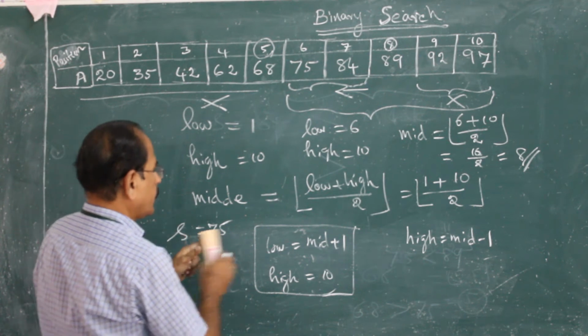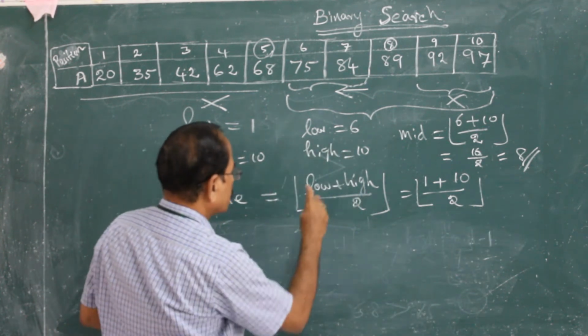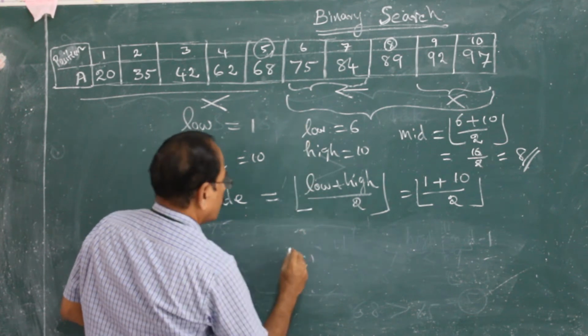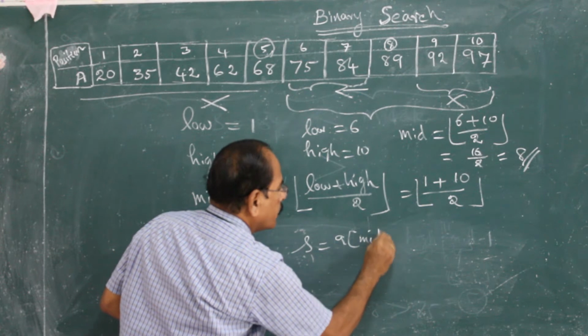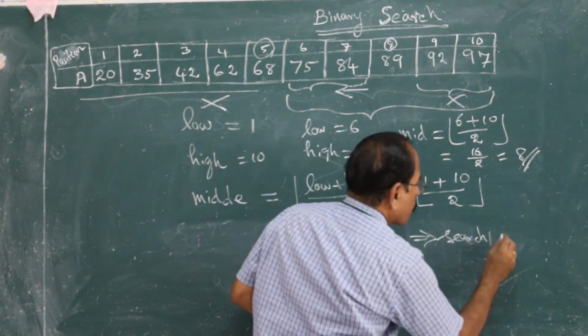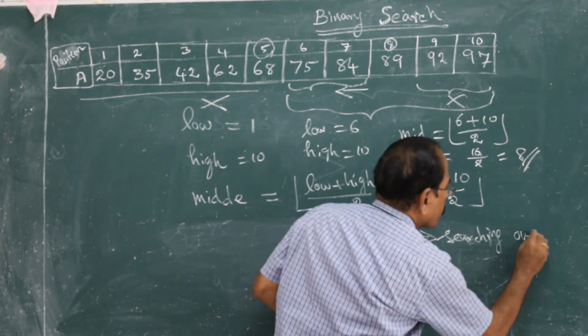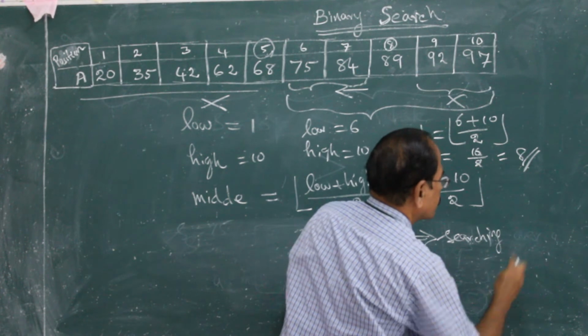So we are here. If the searching element S is equal to A of mid, the search process is over. You can say the searching is a success.